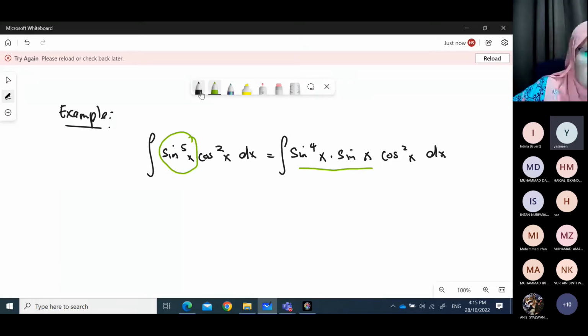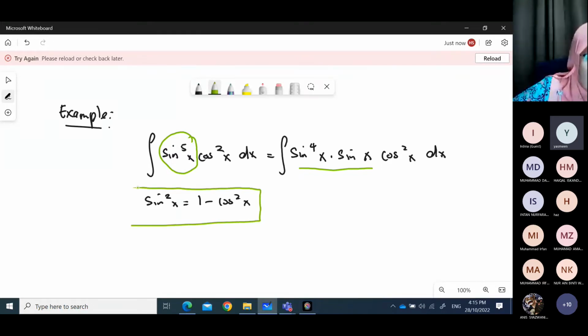Okay. So next, based on procedure, identity yang kita boleh gunakan untuk yang ini adalah sin square x equals to 1 minus cosine square x. So ini identity yang kita perlu apply dalam integral yang ini. Okay, so bila you nampak kat sini dia adalah sin kuasa 4, bukan sin kuasa 2.